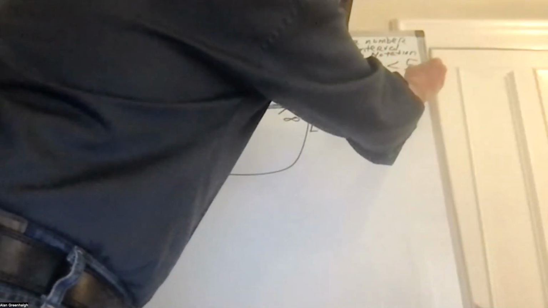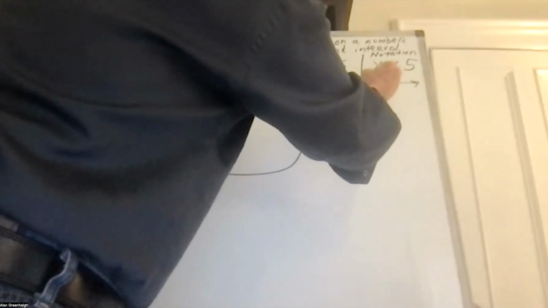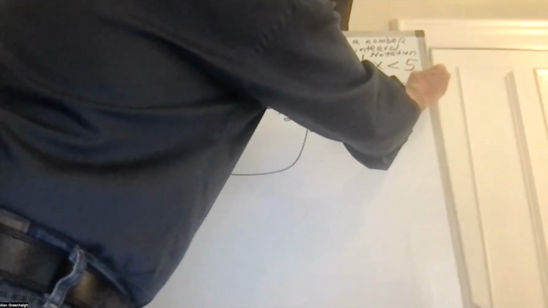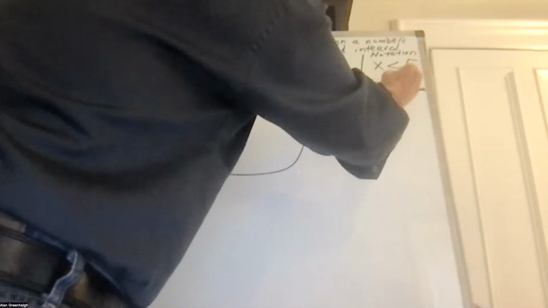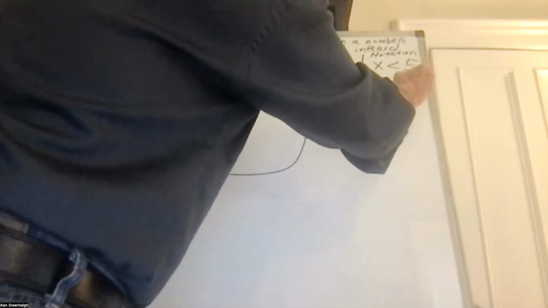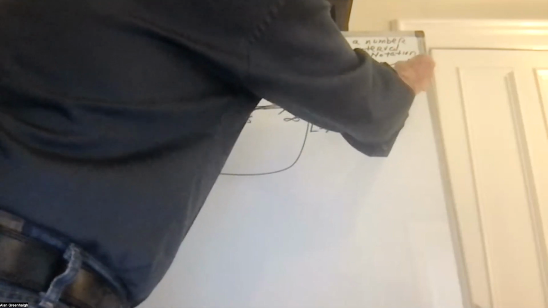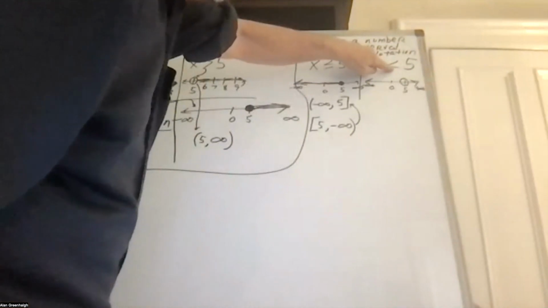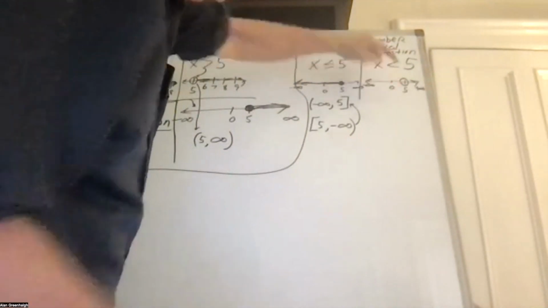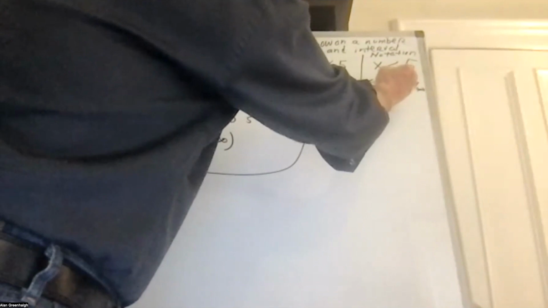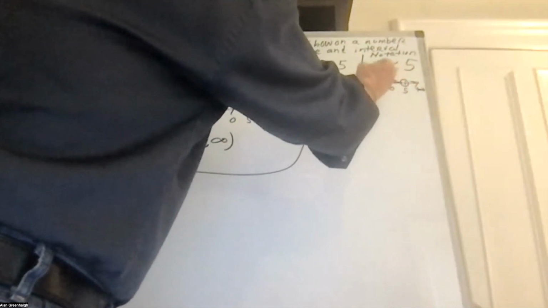Okay. So for this one, same thing. Negative infinity, positive infinity. You don't even have to put the positive, obviously. Here's the 5. Open circle, no line underneath, open circle, and we shade it in going to the left.